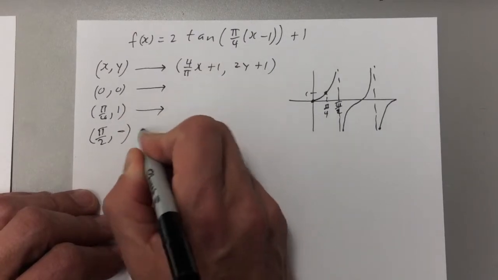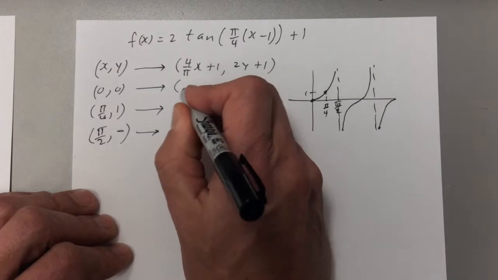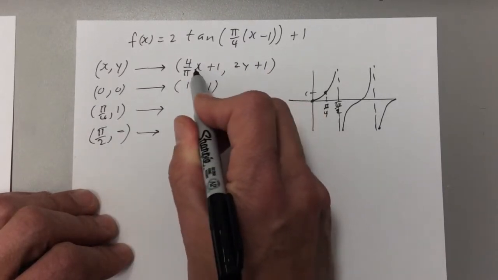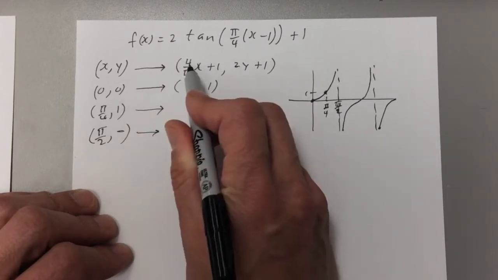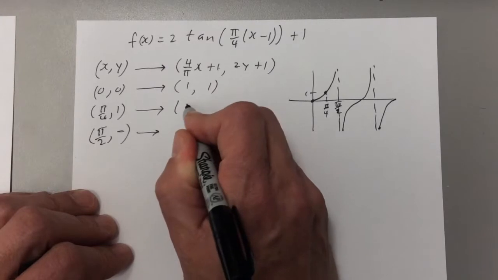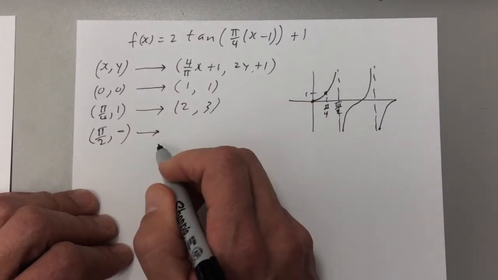So these formulas, well, you apply 0, 0 to this formula, you're going to get 1, 1. Pi over 4 to that formula, so pi over 4 times 4 over pi is just 1, and 1 plus 1 is 2, so you get 2. Plug that in there, and you get 3.